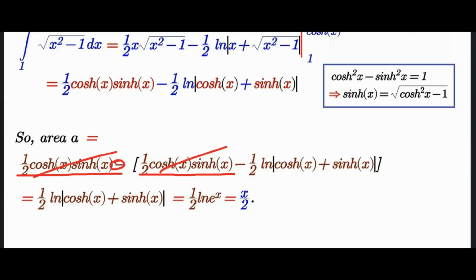It's being subtracted, so it's going to be positive, and so we've got it down to here. And now just remember, cosh plus sinh equals e to the x. So we have 1/2 natural log of e to the x, and natural log of e to the x is just x. So there we go.